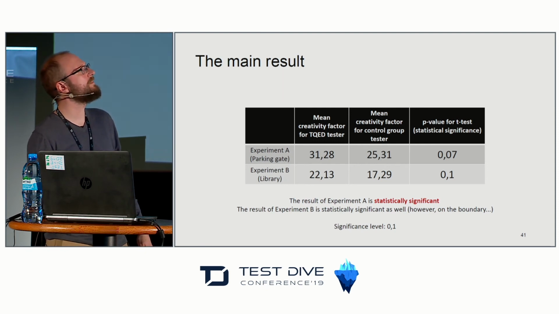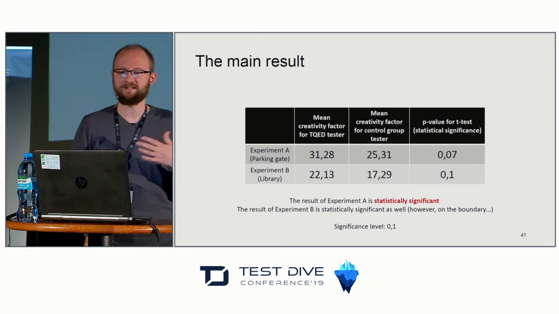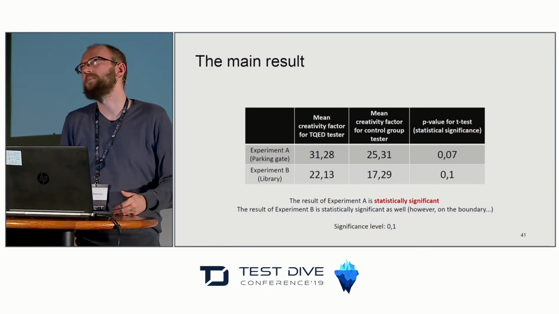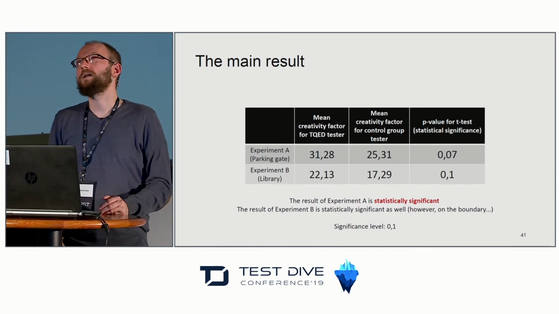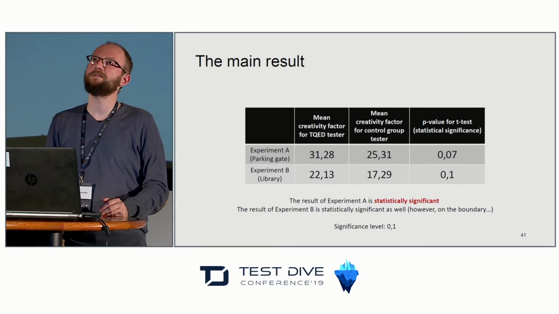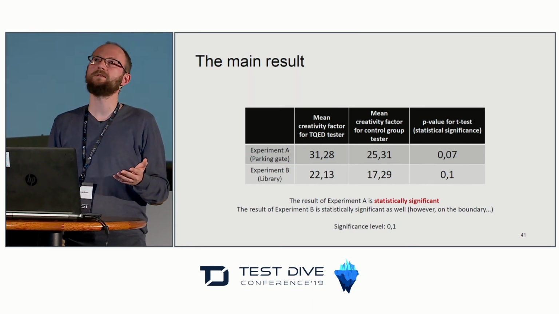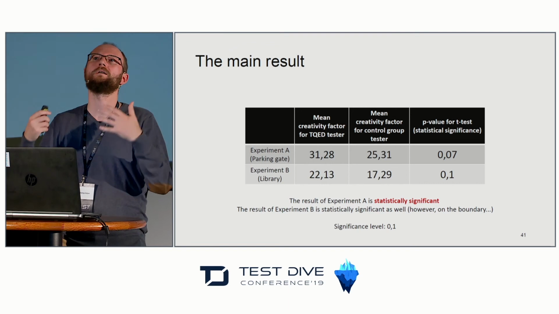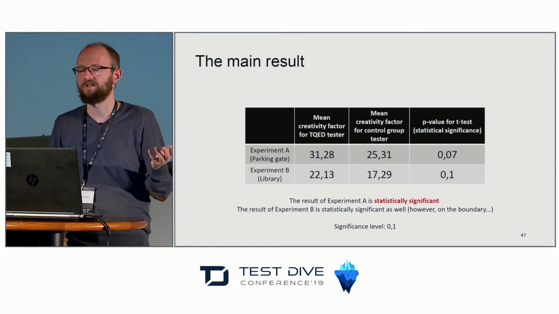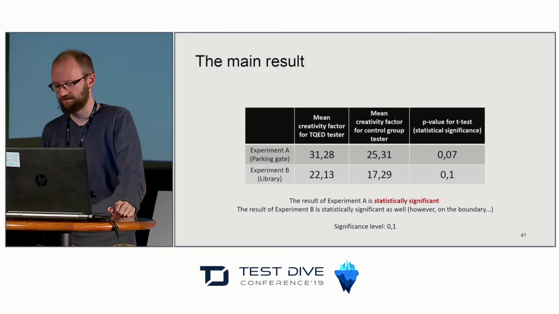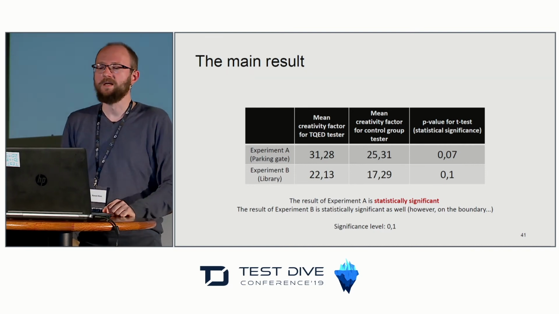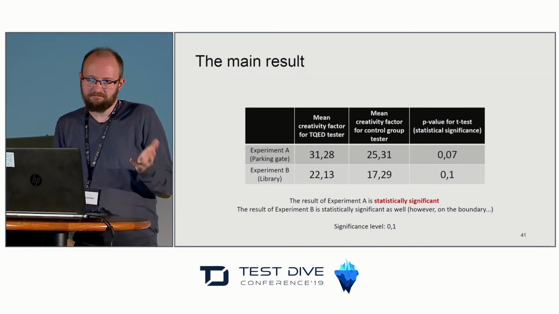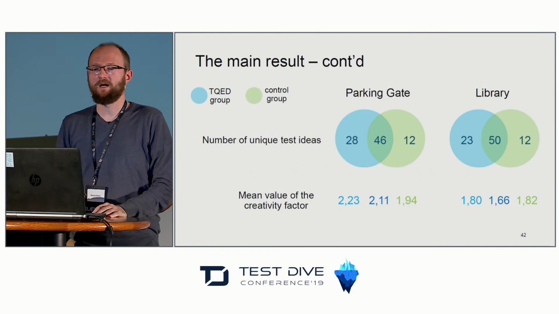And these numbers mean that these results are statistically significant. So it means that we can reject the hypothesis that using this TQED method does not give us anything, in the most general terms. So it seems it's quite a nice thing.